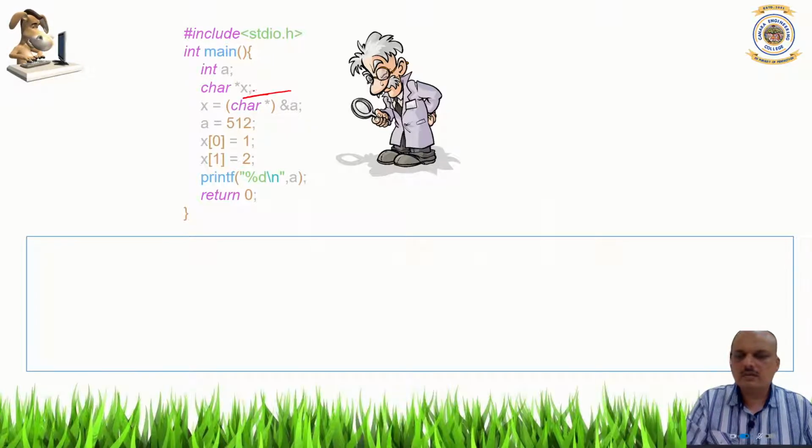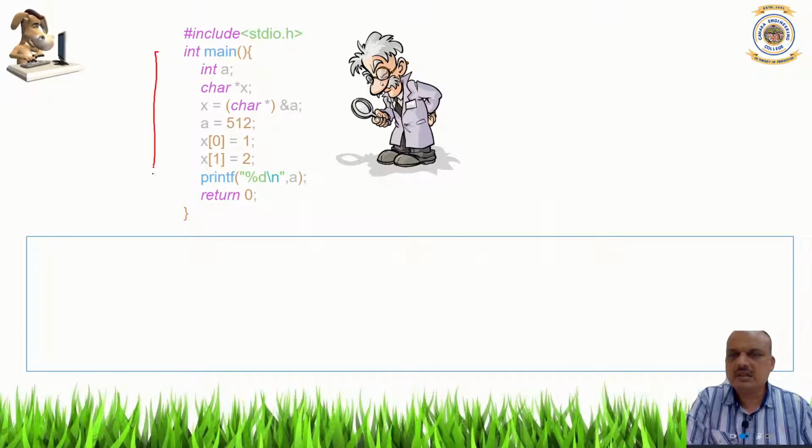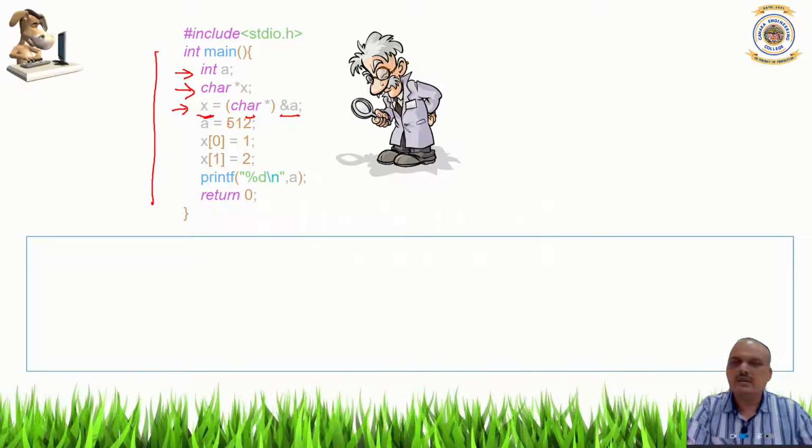What is given here is a main function, and I have an integer variable A, then I have a character pointer, and then I'm typecasting the address of this integer to a character pointer and then storing it in that pointer.